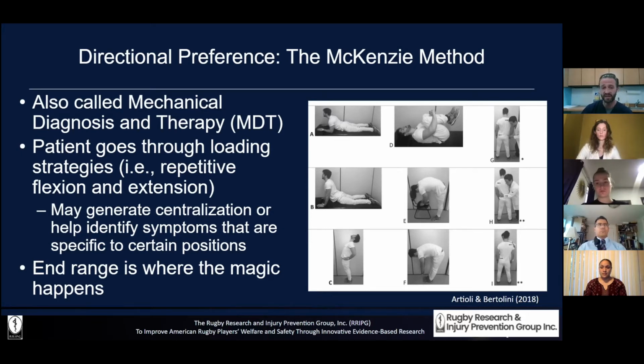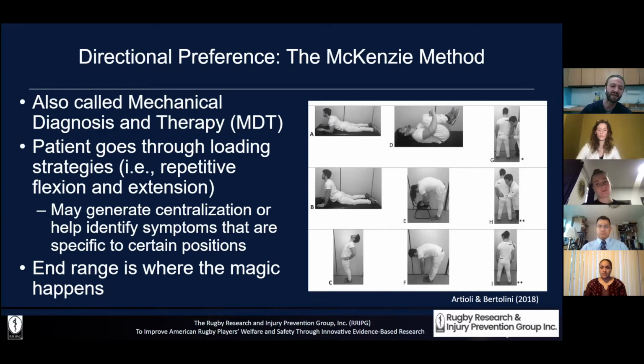But as soon as I can, I want to see what end range extension looks like, right? Like picture B. I want to see what that cobra, or that repeated extension in line, that cobra pose, what effect that has on their pain, right?